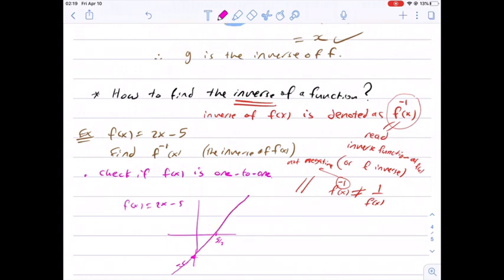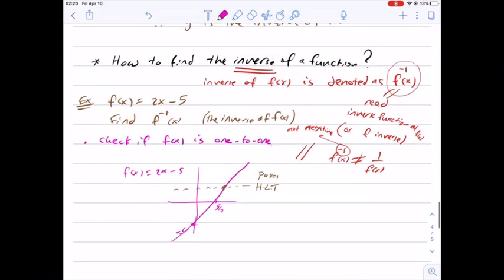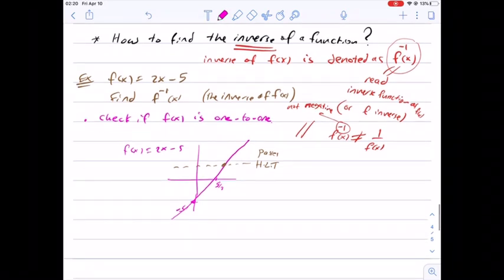It's an increasing function. That means it's 1-to-1. If you try the horizontal line test, it passes because every horizontal line must intersect the graph in at most one point. So the function is 1-to-1. Now we can find the inverse.